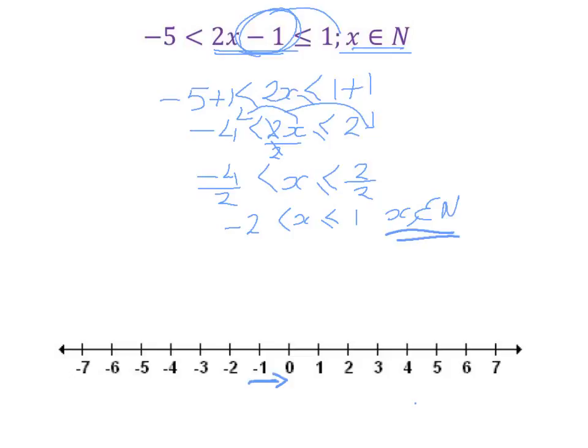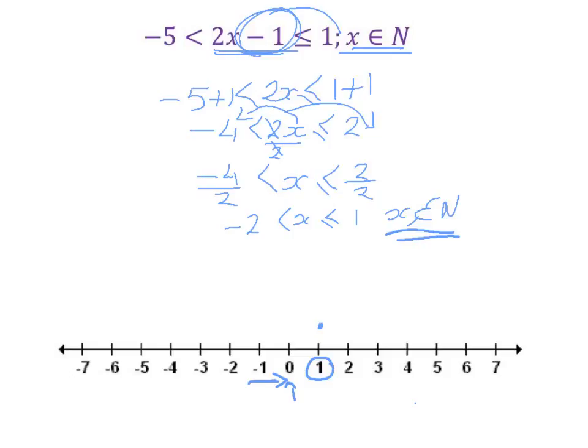But because it's the element of natural numbers, the natural numbers that are greater than negative 2 but less than or equal to 1 is simply 1 itself. Because if it's less than or equal to 1, it includes 1, but it can't include 0 because 0 is a whole number. The only natural number less than or equal to 1 is 1 itself.